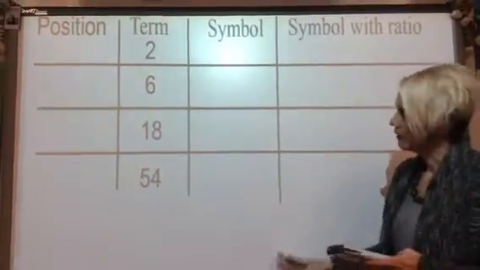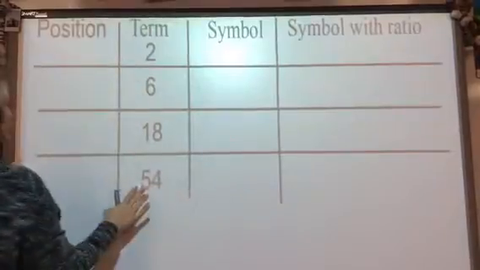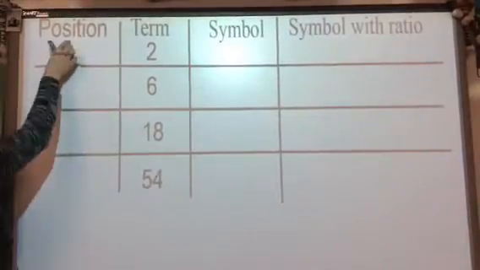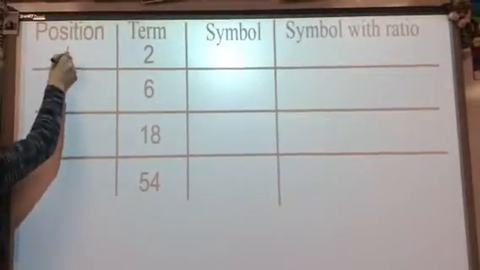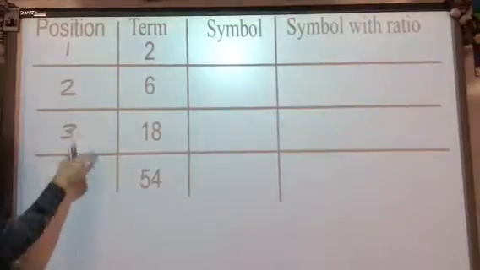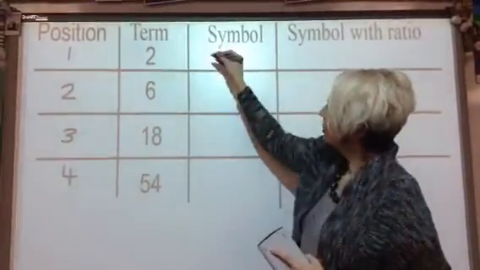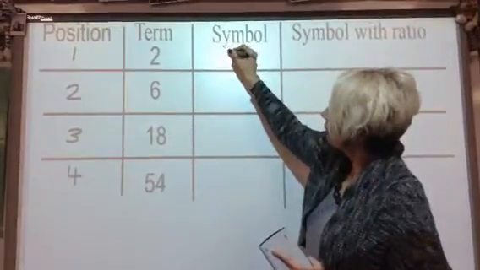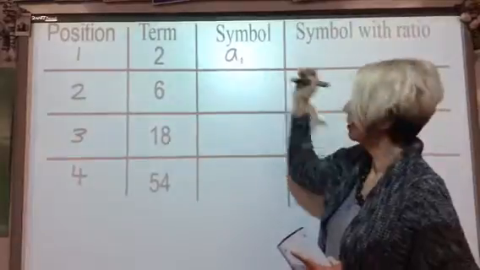Now there is a formula for a geometric sequence, and I want to try to help you find it. So this stands for the position of the term, wherever it is located. And so this is first position, second position, third position, fourth position, so on. Now if you'll notice, this is 2, and that's going to be our first term. So the symbol we're going to use for first term is a sub 1.